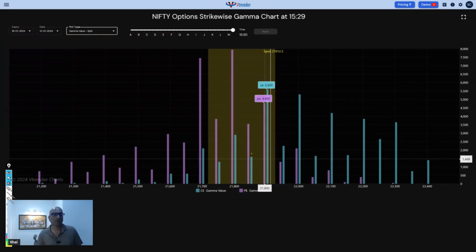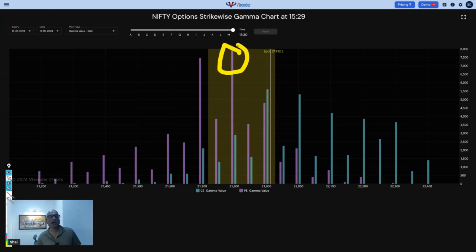Wherever you see the market has higher gamma, like in this case, there is a higher gamma here at 21,800. The PE gamma value is higher. This becomes a strike to write, not because price is about 21,800, but because the gamma value is higher. And you can see over here, this gamma value is higher at 21,700. So this becomes a strike to write.